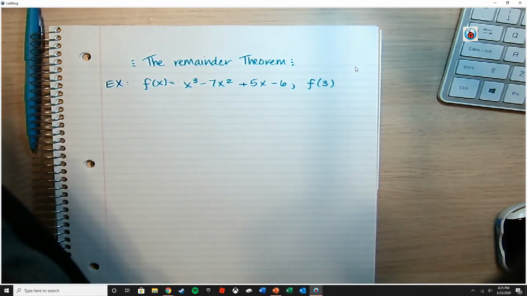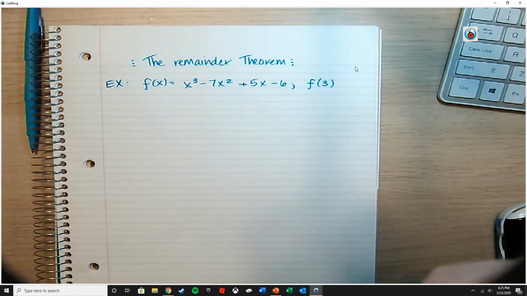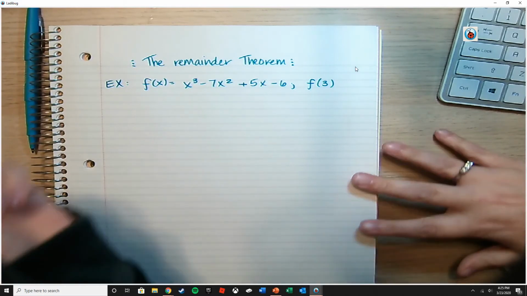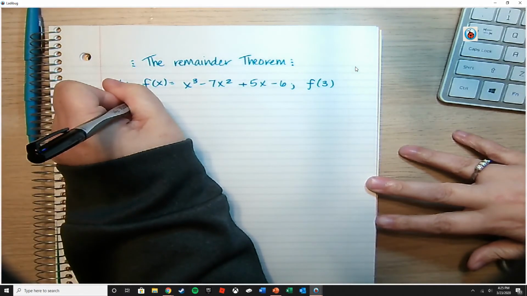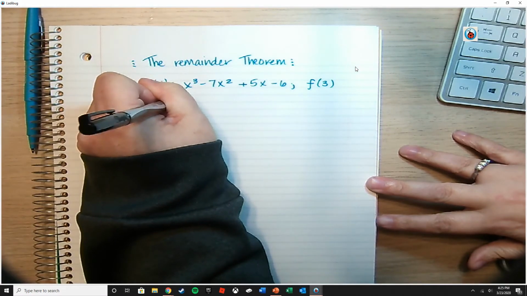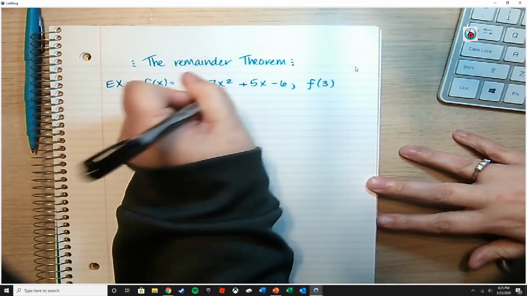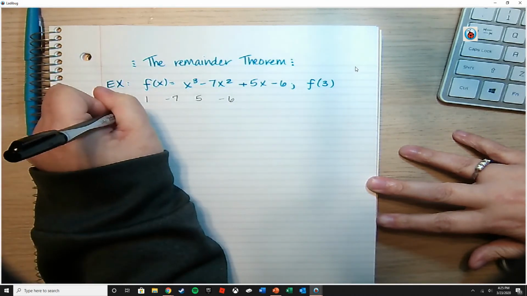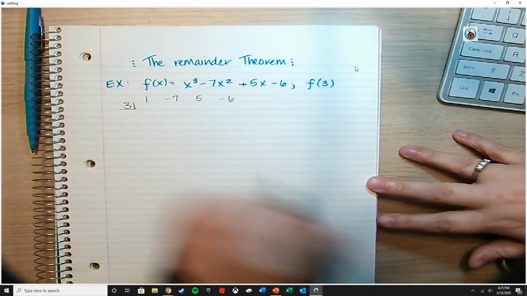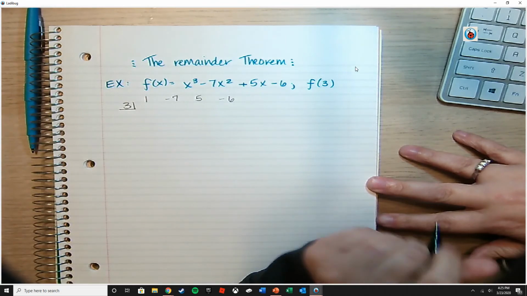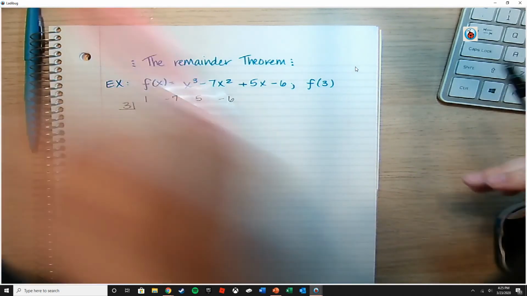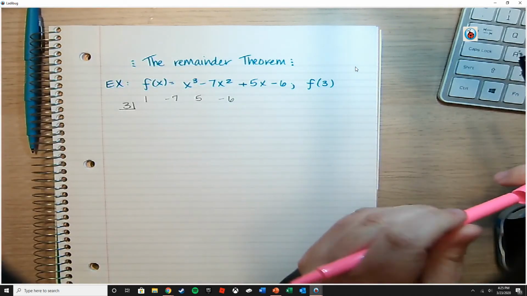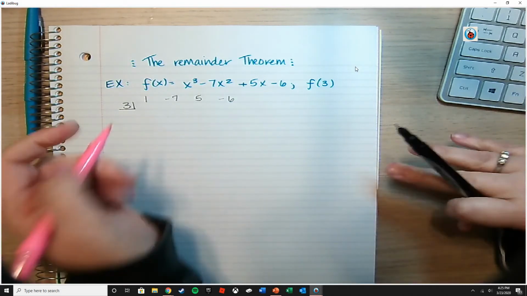So all we're going to do is take that technique of synthetic division. I'm going to take the coefficients 1, -7, 5, -6. And then I'm just going to take 3. I didn't have to take the opposite like I did in synthetic division when it's the remainder theorem and it's stated this way. We just jump right in.